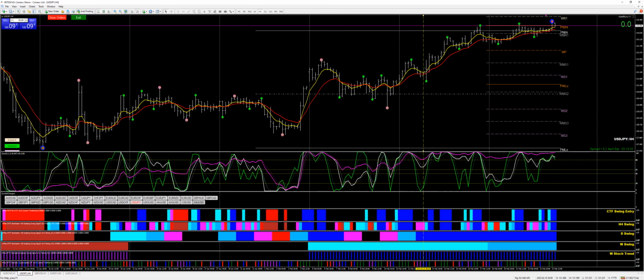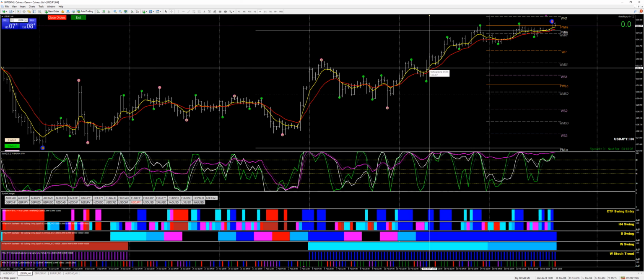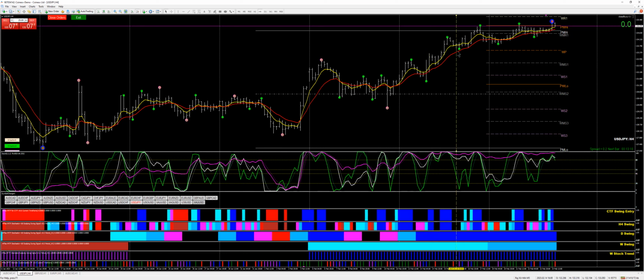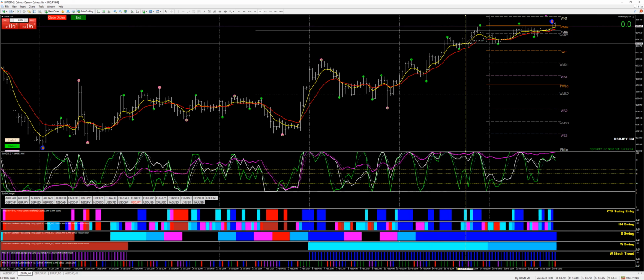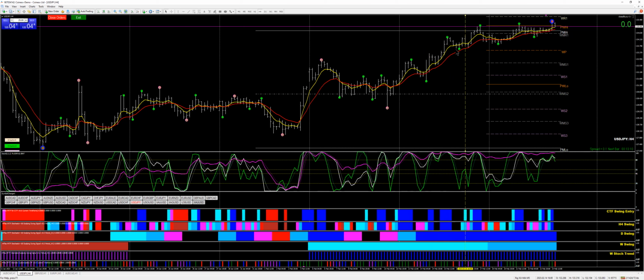Then you get a re-entry somewhere in this bar, if you take the 15-minute, and that gives you another 160 pips. And then you come in here, and here's your re-entry, and this gives you 97. So you made 250 and you made 350 already.